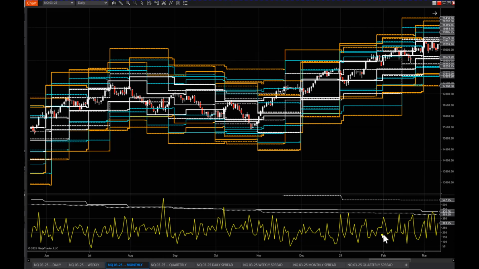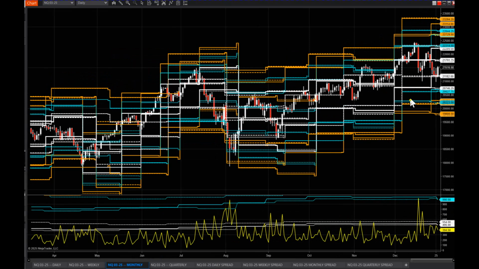If you're inside the monthly 1 though that we have, that's telling you that resistance is likely to be held. But like right here where it broke the 1 and went right to the 2, that shows you that you've got that extra volatility in the market and that you want to be widening your stops and targets.